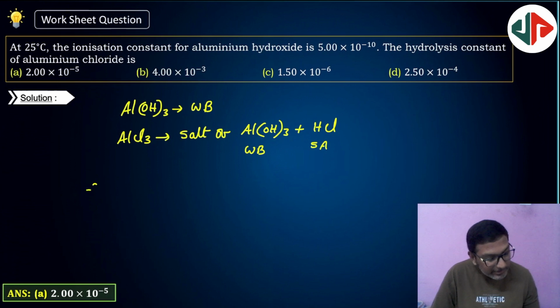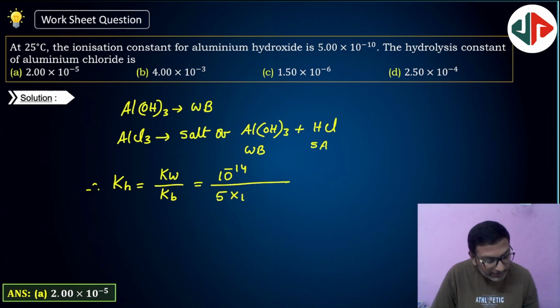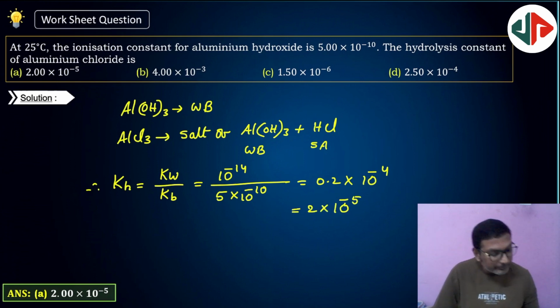So the hydrolysis constant Kh for a salt of a weak base and a strong acid is Kw by Kb. So Kw is 10 power minus 14 by the Kb value, 5 into 10 power minus 10. So 1 by 5 is 0.2 into 10 power minus 4, that is 2 into 10 power minus 5. So option A.